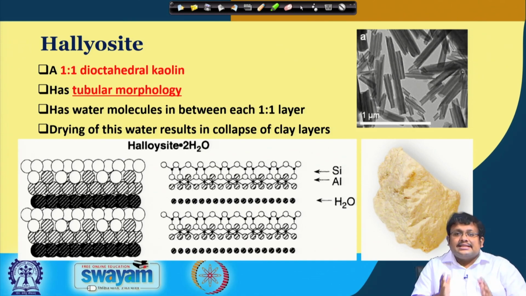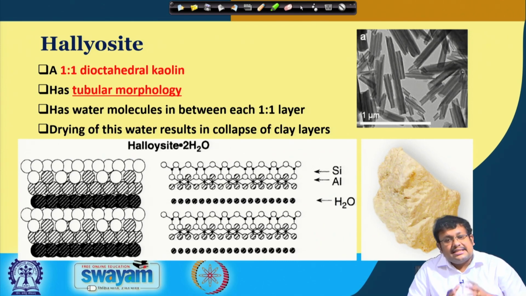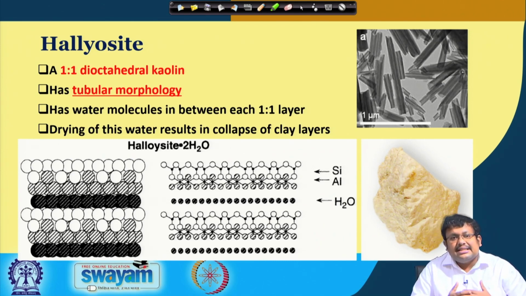So, guys, we have discussed different types of primary minerals. We have started discussing the different types of secondary minerals. We have discussed how this 1:1 layer and 2:1 layer basically form, and we have started discussing the individual clay minerals.